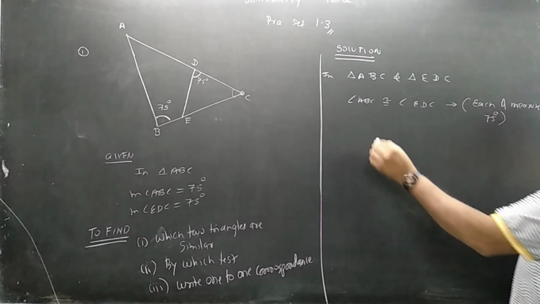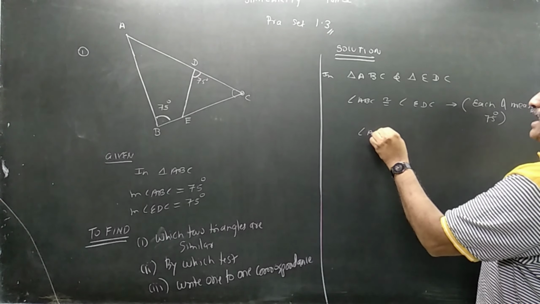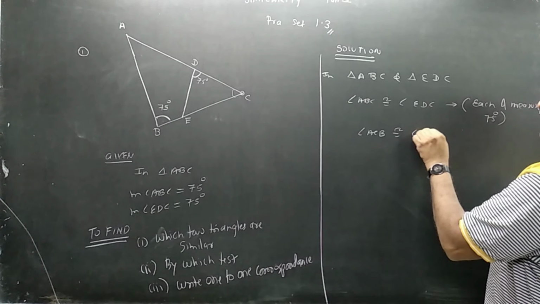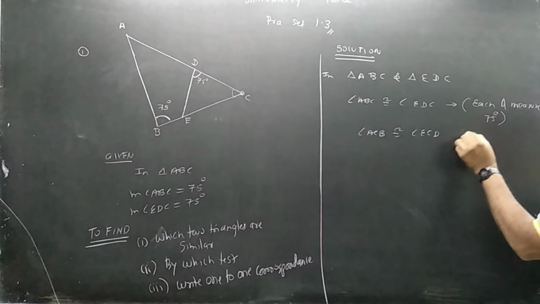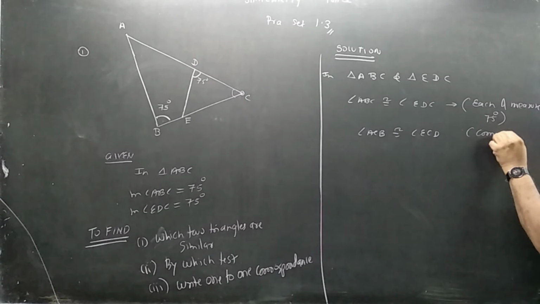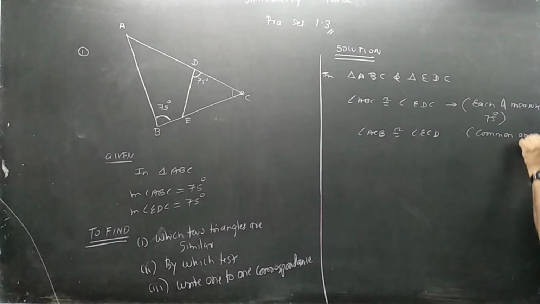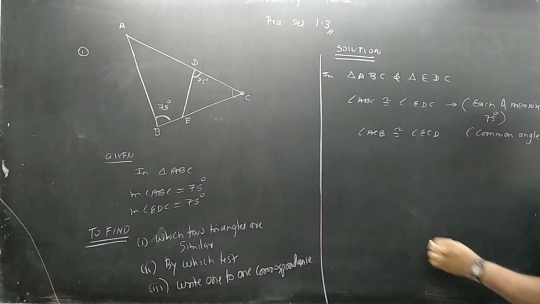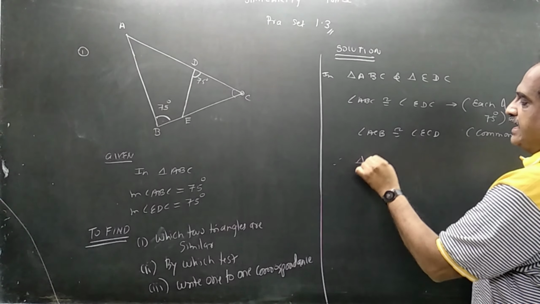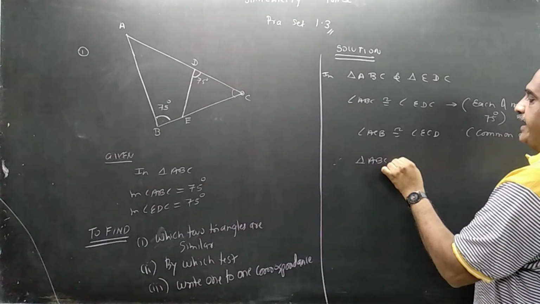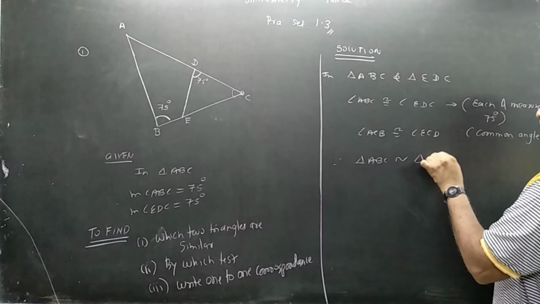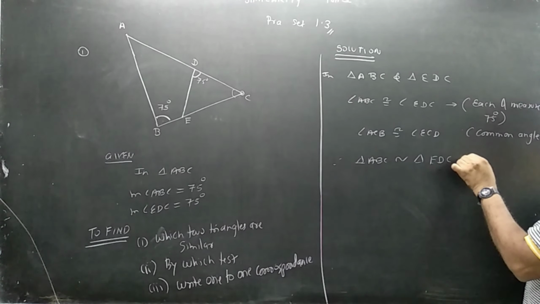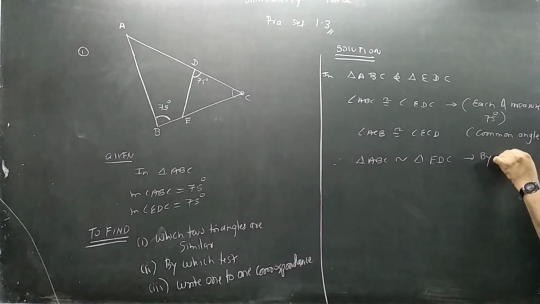And one more thing you are going to write: angle ACB is congruent to angle ECD as it is a common angle. So, therefore, triangle ABC is similar to triangle EDC. We are going to write by AA test.